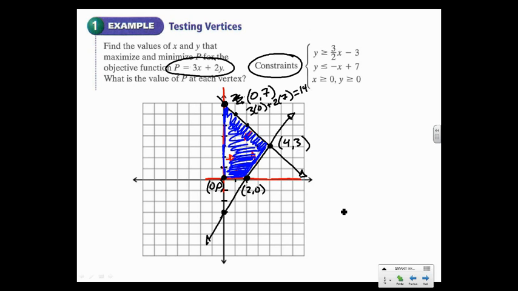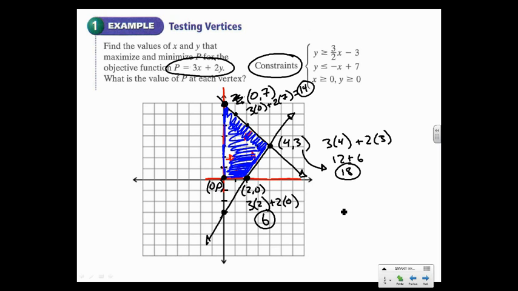This one here is going to be 3 times 4 plus 2 times 3. And so that's going to be 12 plus 6, or 18. That's for this one. This one down here, 3 times 2 plus 2 times 0 is going to be 6.